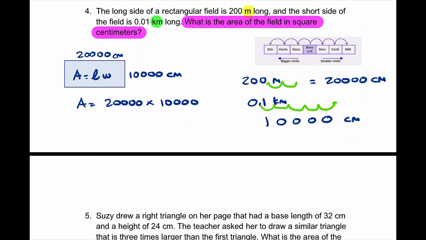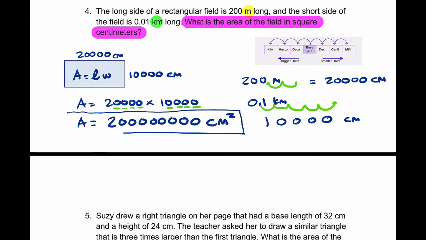All we have to do is multiply the 2 times the 1, which is 2. And then I'm going to count the number of zeros, and add every one of those zeros. So I have 1, 2, 3, 4, 5, 6, 7, 8 zeros, and the units will be centimeters squared, and that is our final answer.